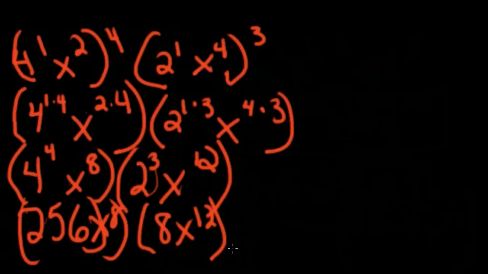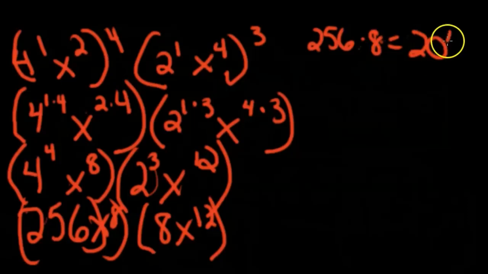Okay, now we need to multiply the coefficients. 256 times 8 is going to be 2048.